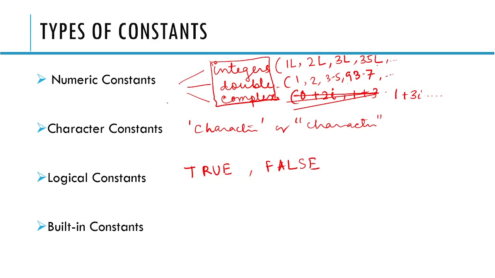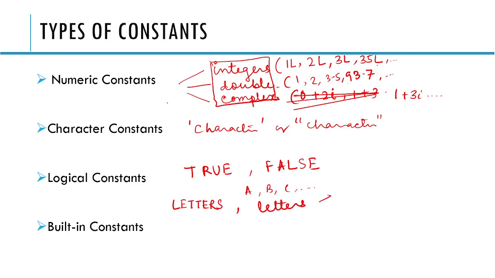The last one is built-in constants. That means in R you will find a lot of built-in constants. What are the built-in constants? Let me tell you that LETTERS is a built-in character constant. That means if we print LETTERS, it will print all the alphabets in capital letters. And similarly, another built-in constant is letters in small letters.